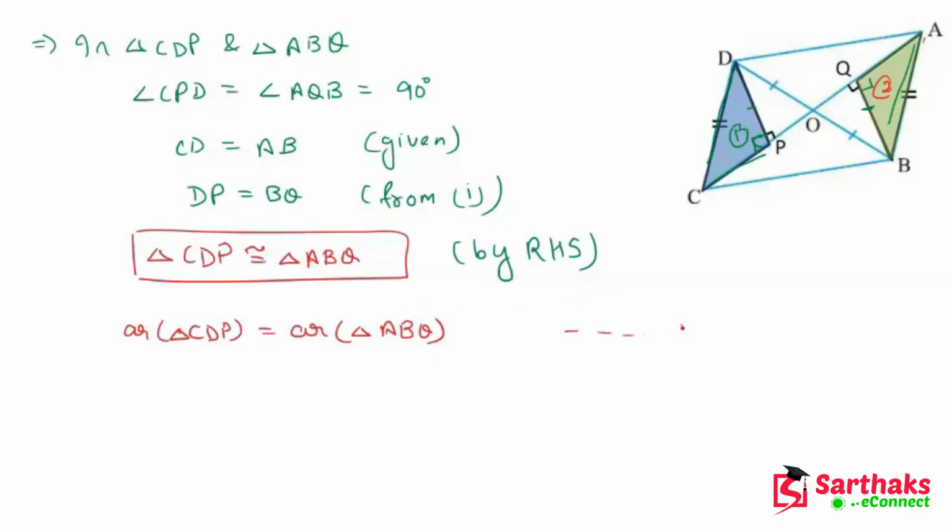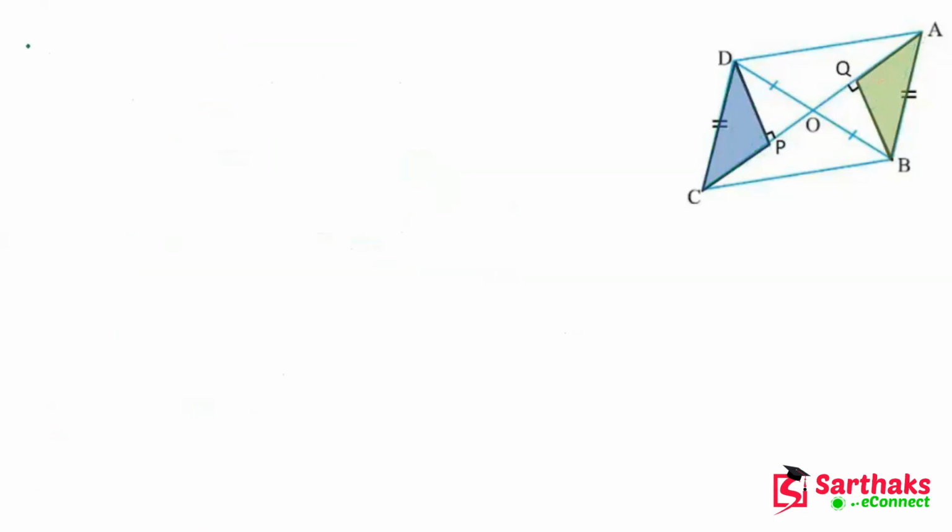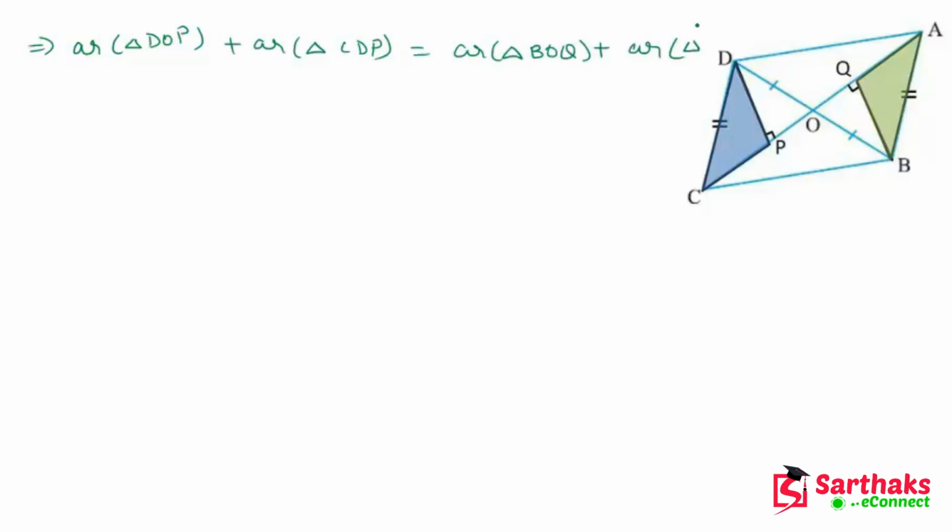So let's suppose this is equation number 3. Now add equations 2 and 3. If we add these two equations, this will become area of triangle DOP plus area of triangle CDP is equal to area of triangle BOQ plus area of triangle ABQ.